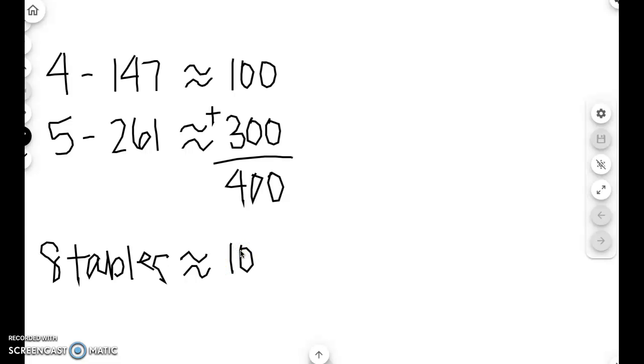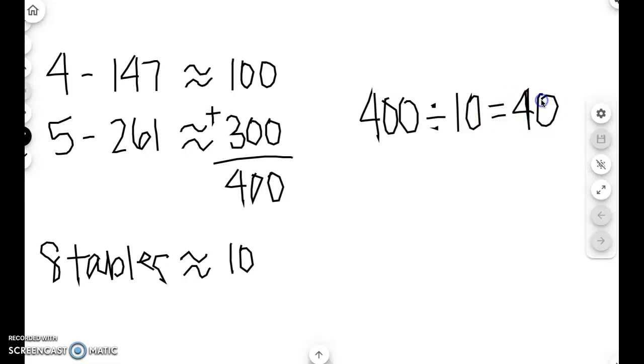So at this point, now we're going to be dividing the about 400 students by the about 10 tables. We know that 400 divided by 10 is going to equal 40.